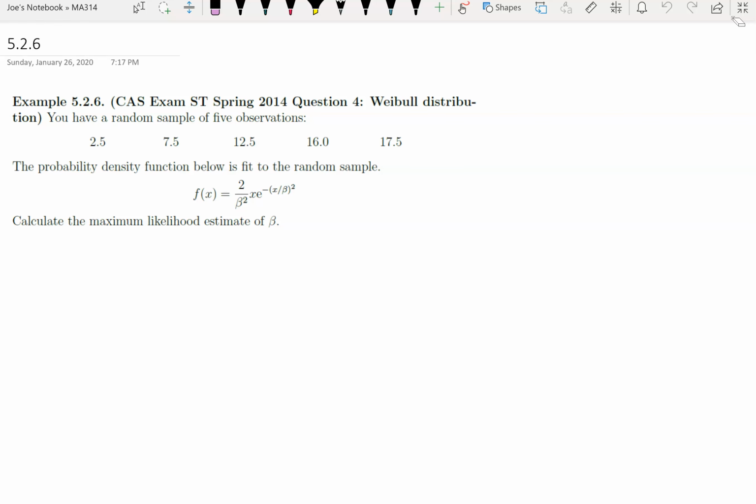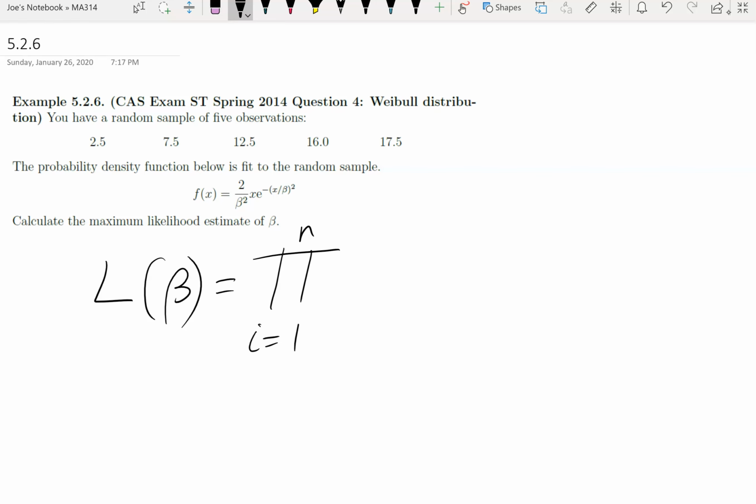All right, so we calculate our likelihood function. Our likelihood function of beta, based on the sample, is a product, and I'm going to just do this generally, and then we'll worry about the individual sample pieces later. It's a product of your PDF based on the parameter beta. That's how we define our likelihood function.